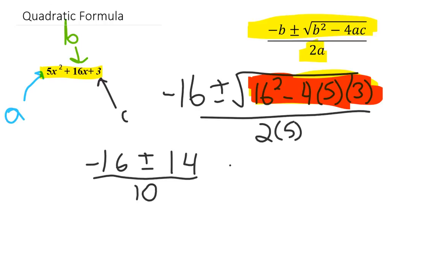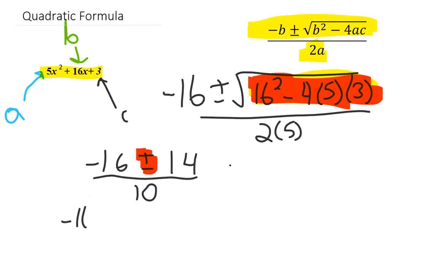Alright. Now we see this plus minus sign. I don't want to throw you off because it's actually really simple. All you're going to do is solve this problem twice. Once you're going to use that plus minus sign, you're going to make it addition. The second time you'll make it subtraction.